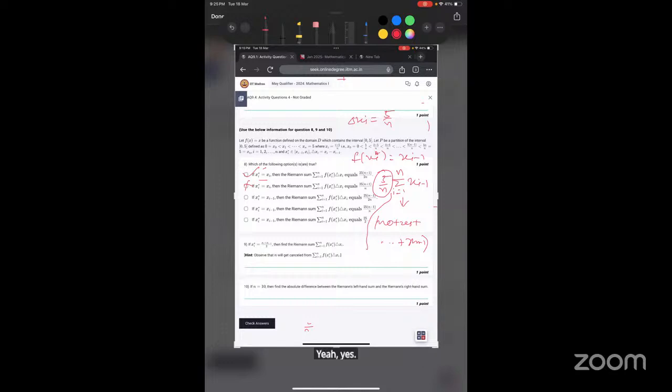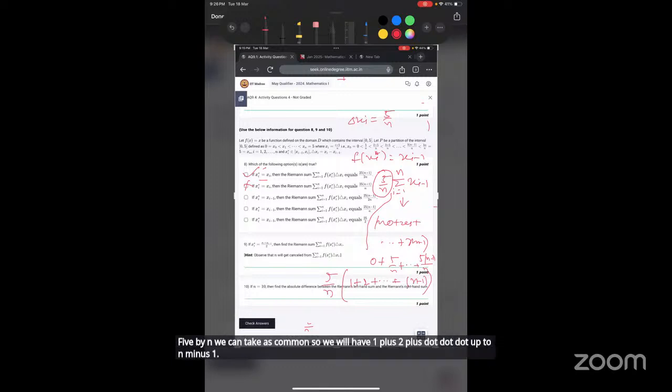Yes. Then x0 is 0, right? So 0, then 5 by n up to 5 into n minus 1 by n, right? Then 5 by n we can take as common. So we will have 1 plus 2 plus dot dot dot up to n minus 1. So here our m is n minus 1.